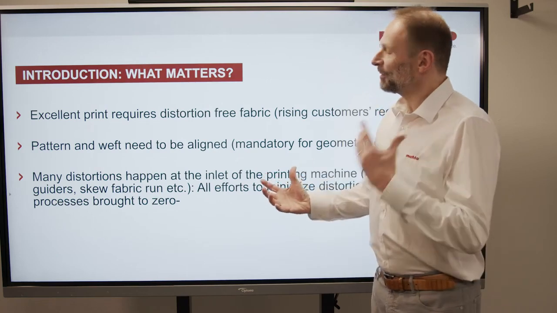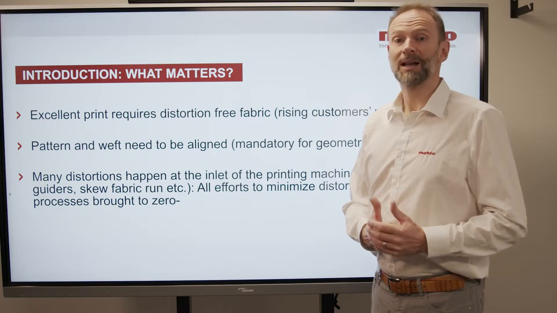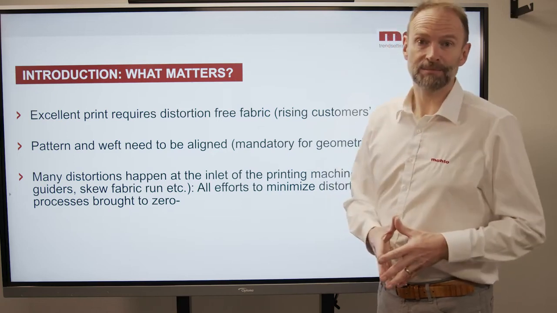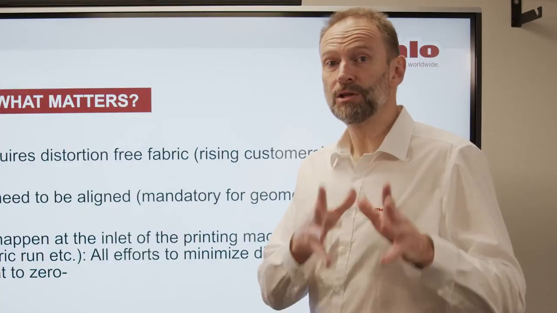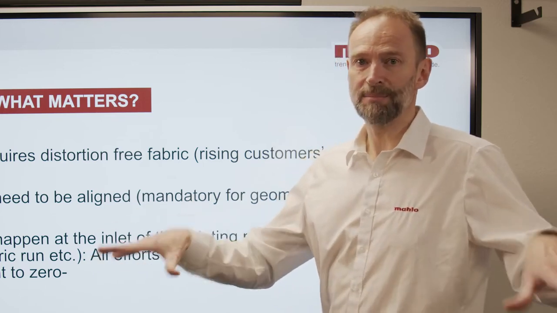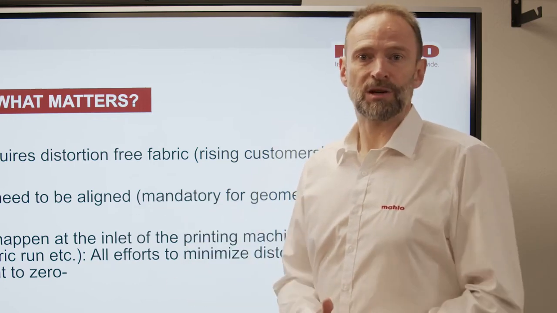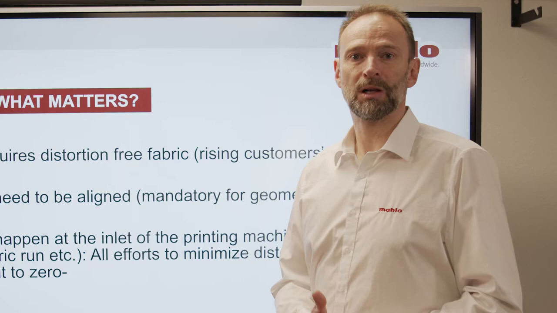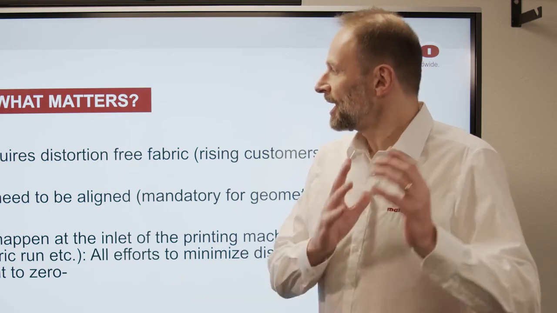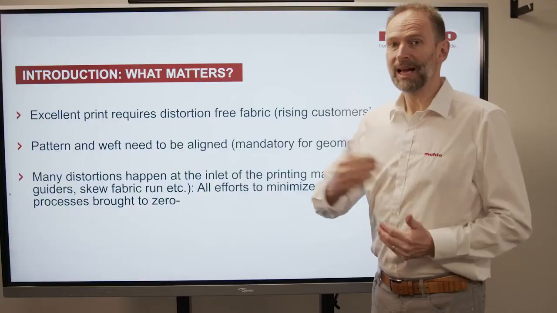So what matters? Every excellent print requires an excellent preparation. That means if you don't have a good preparation, if you don't have a straight fabric, then your print will also be distorted and it will be damaged. So the pattern and the weft need to be aligned after the printing.